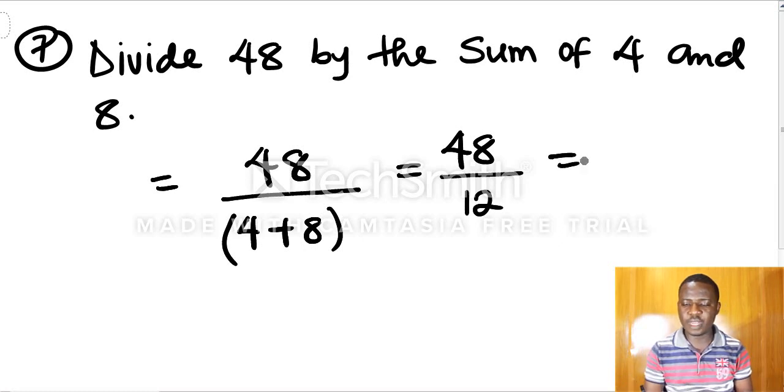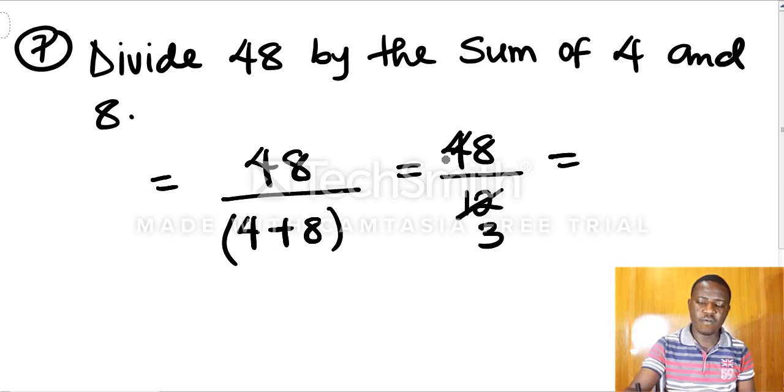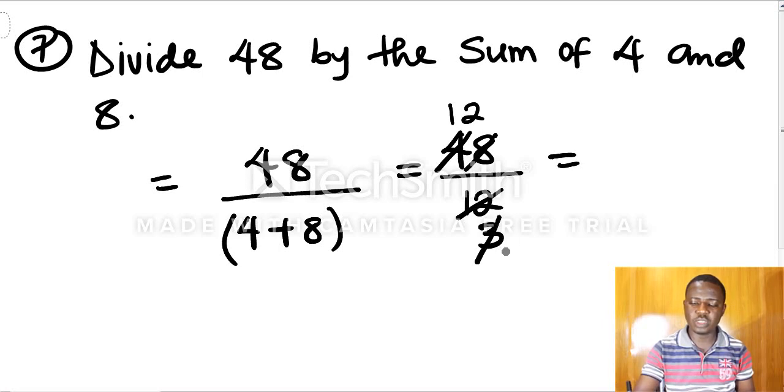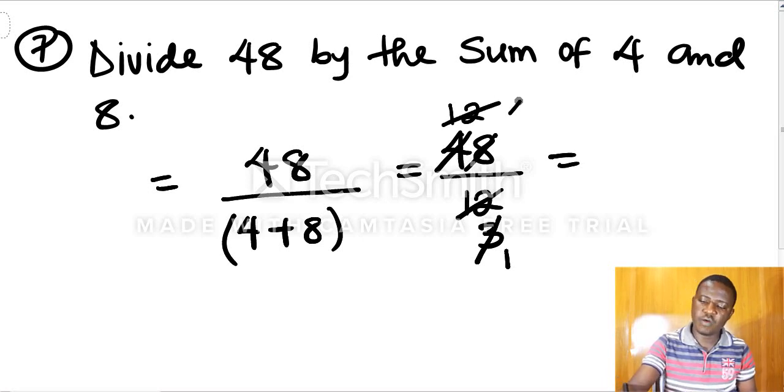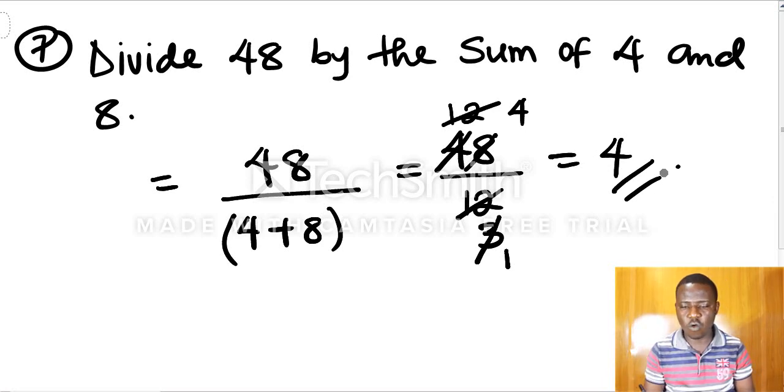And 48 divided by 12, let's use our LCM. What can go? 2. Let's use a bigger factor. 4 can go. 4 into 12 is 3. 4 into itself is 1. 4 into 8 is 2. This is 12 divided by 3. 3 can still go. 3 into itself is 1. 3 into 12 is 4. So our answer is equal to 4.